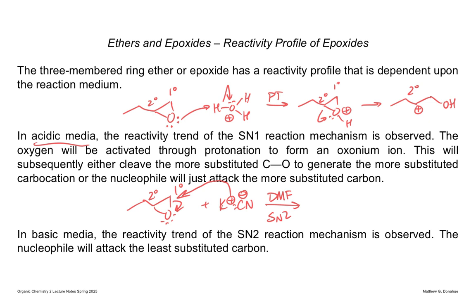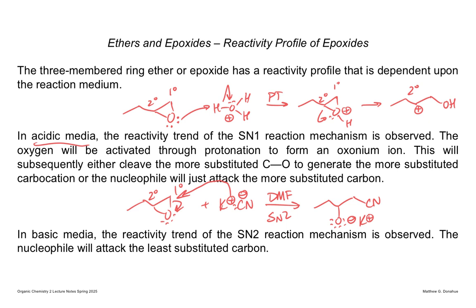I say SN2, but the leaving group doesn't leave the molecule. That carbon is still bearing the oxygen. But the mechanistic reasoning holds the same in that the nucleophile attacks the least substituted carbon.